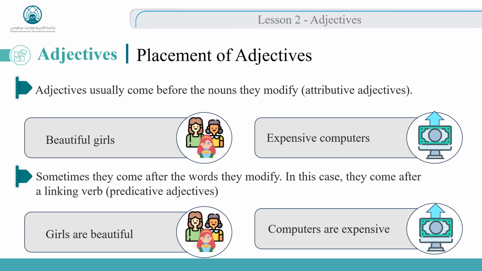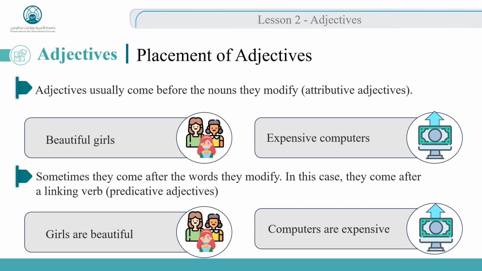And here, note that when the adjective is attributive, it can only modify a noun. But when the adjective is predicative, it can modify either a noun or a pronoun. So I can say girls are beautiful, or they are beautiful. Here beautiful can modify girls and they, since it is a predicative adjective.